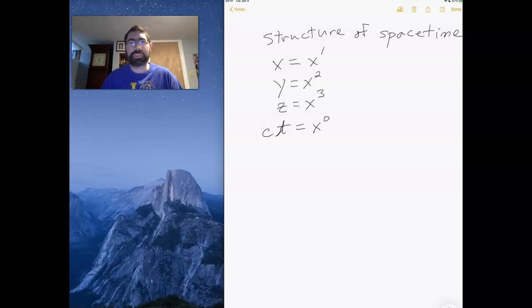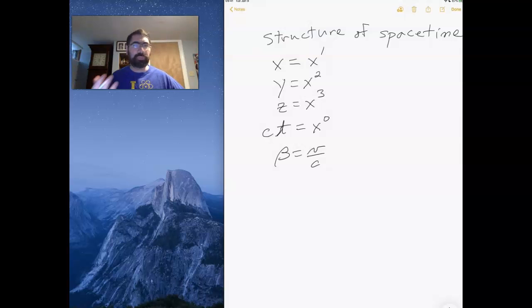So these superscripts are just labels. They're indices. They're not actually exponents. And beta is the relative velocity with respect to the speed of light. So what we're doing now is putting time on equal footing with space. So the speed of light times time now equals a length.